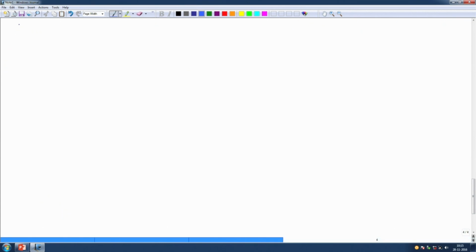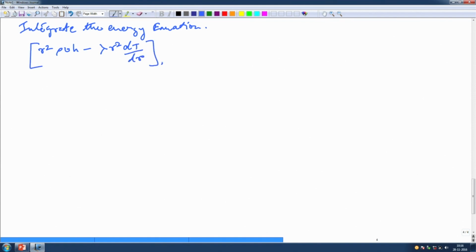Okay. Now, let us integrate the energy equation. That is important. The energy equation is integrated in a similar way. So, what you have is rho V H minus lambda r square dT by dr. That is it, right.